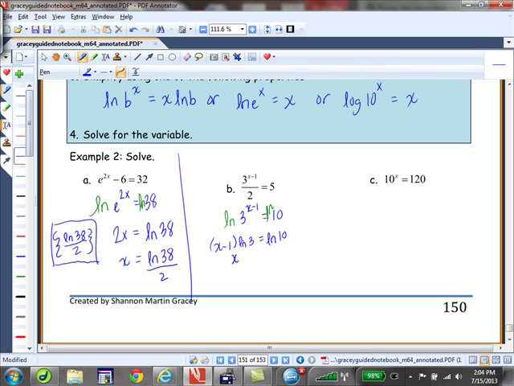So x minus 1 is equal to natural log of 10 divided by natural log of 3. I divided both sides by natural log of 3 in that last step, or multiplied by 1 over natural log of 3, and they divided out.